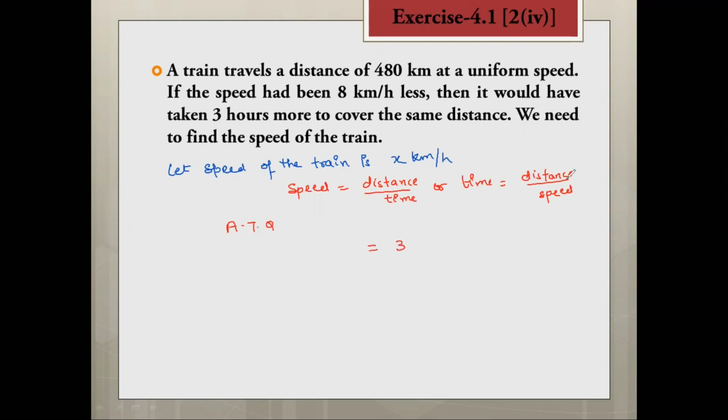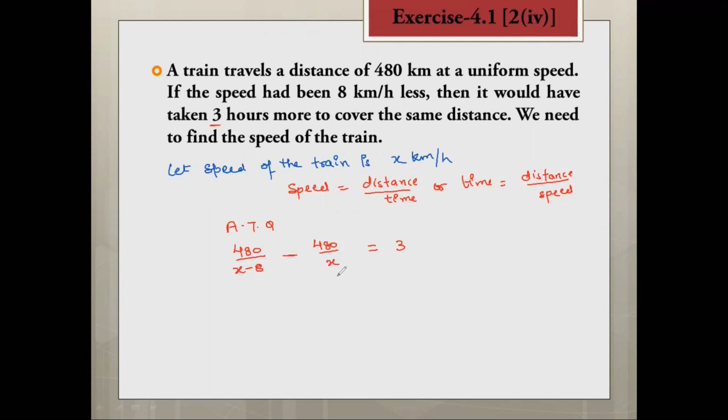Now how we can write for both the trains the difference, that is 480 over x minus 8 and 480 by x. x minus 8 means it will take more time as compared to 480 by x, and we are going to take its difference because it is given it will take 3 hours more.